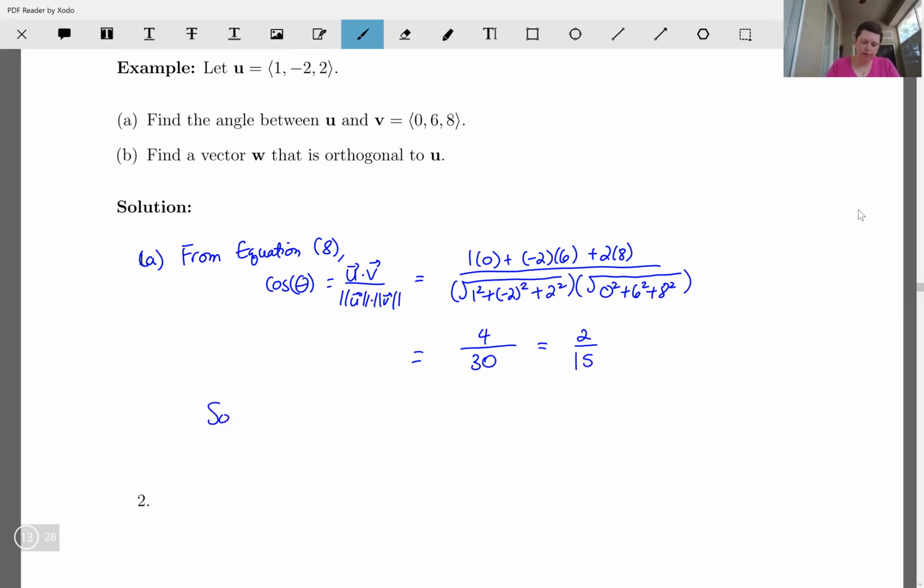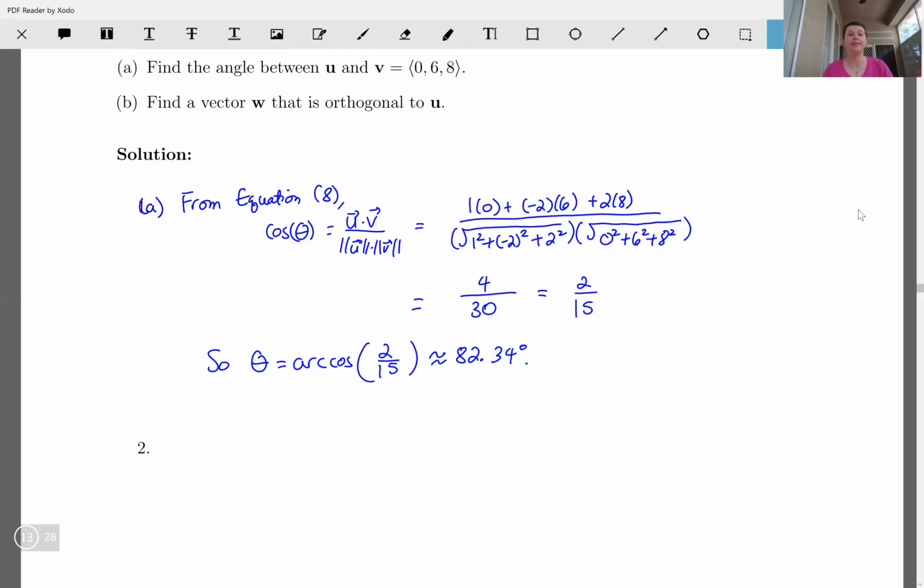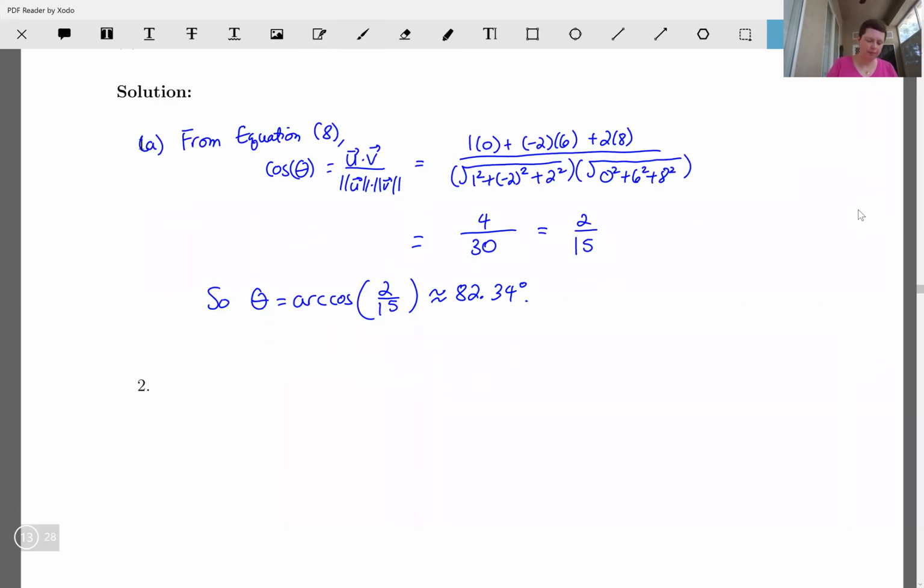And so theta is the arc cosine of 2/15, which is approximately 82.34 degrees. I know, I just said that most of the time we're going to use radians. We really will, just not for this example. That was total calculator work. I mean, you can imagine this isn't something that we have memorized.